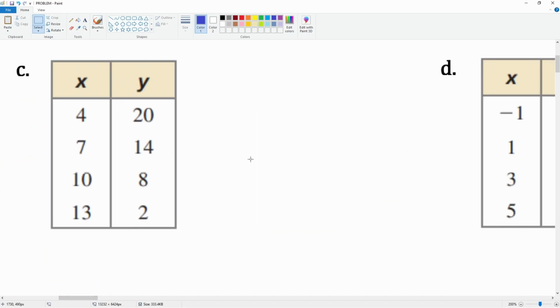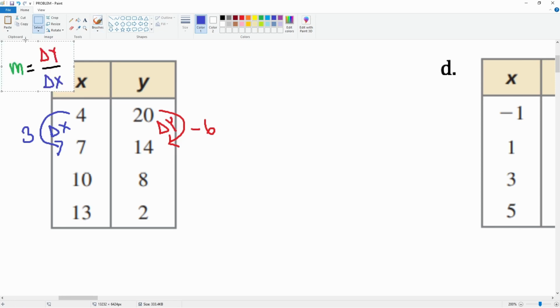Let's take a look at C here. How are we going from 20 to 14? We're minusing 6, and this is considered to be the delta y here. How are we going from 4 to 7? The delta x is going to be 3.